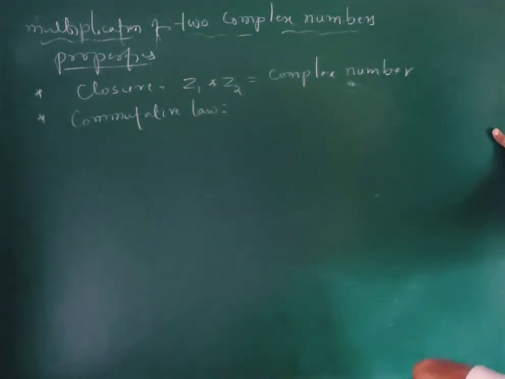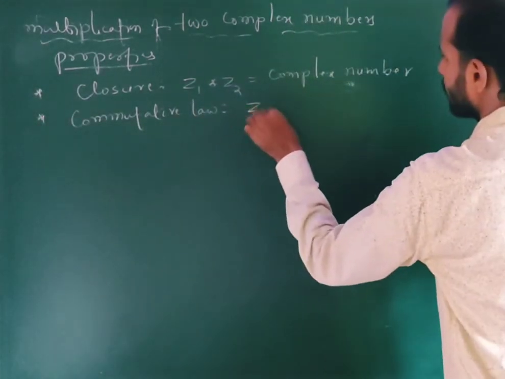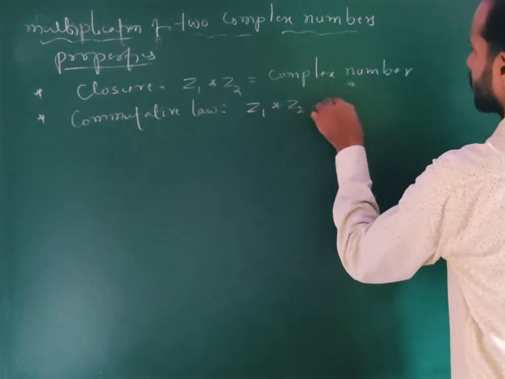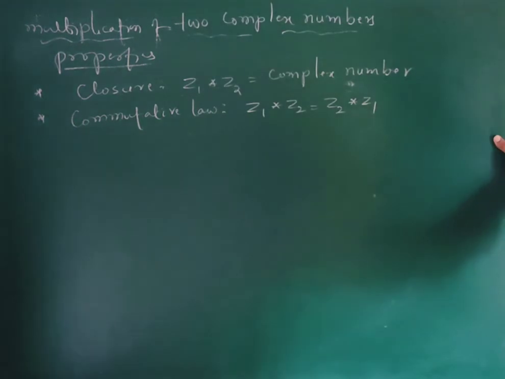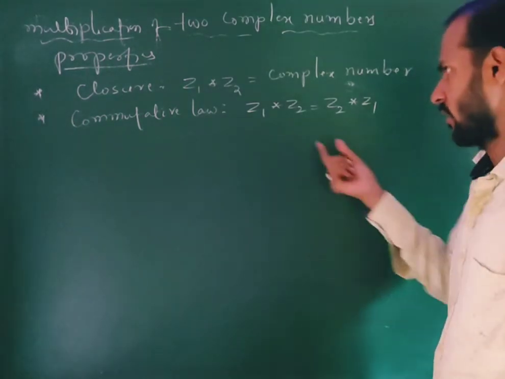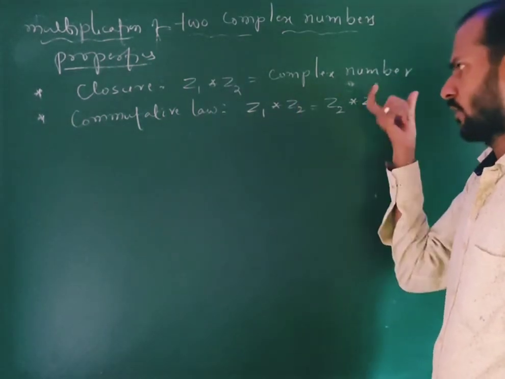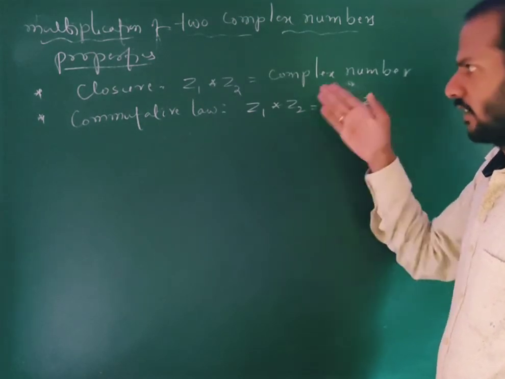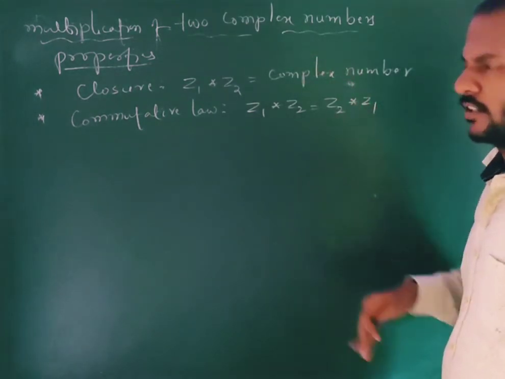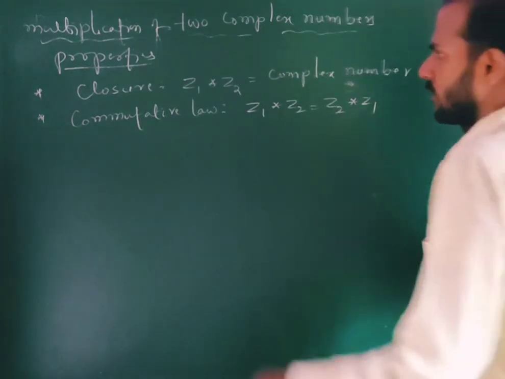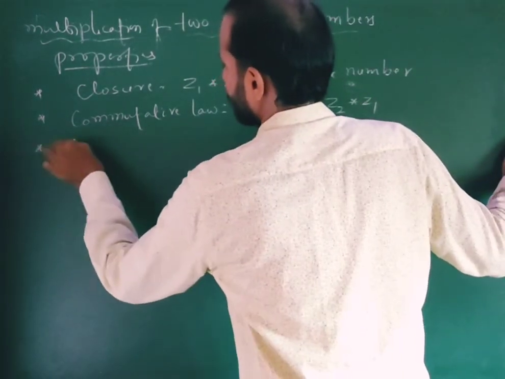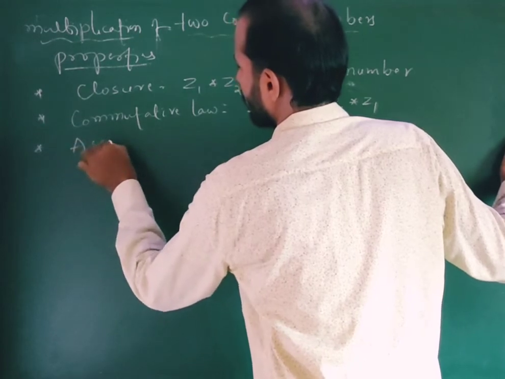Second one is the commutative law, Z1 into Z2 equals Z2 into Z1. If you want to multiply, you can check whether Z1 into Z2 equals Z2 into Z1 or not, right? These are the standard properties based on multiplication of two complex numbers. Next, third one, associative.